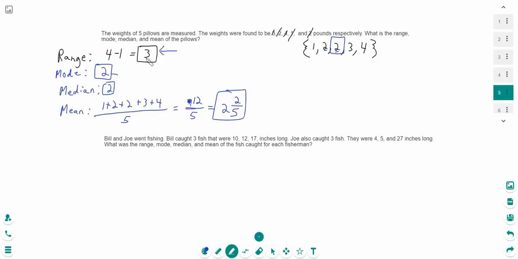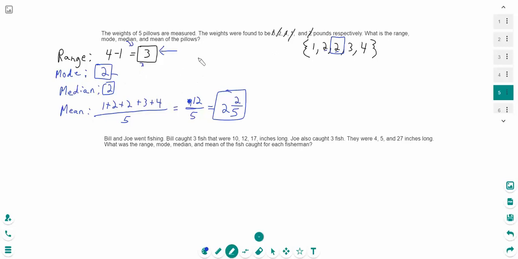If we have a really big range, there's a good chance that the mode, median, and mean may not actually reflect the true value for that central number. So the range is a little bit different compared to the rest. It's not really looking for that central number. It's trying to determine how accurate these other ones will be in finding that central number.